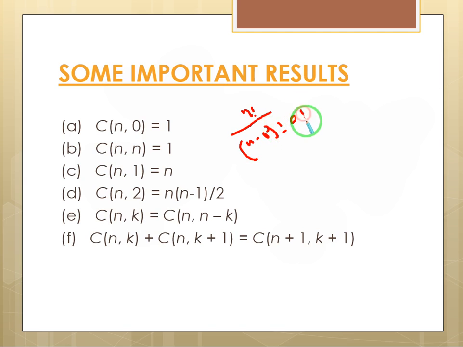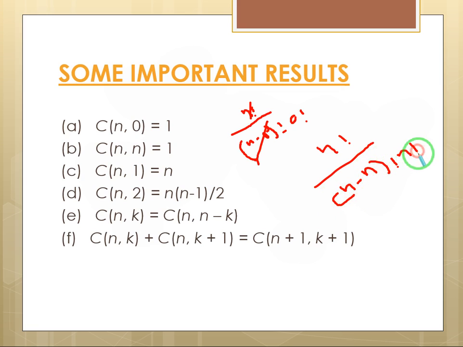You know 0 factorial is equal to 1, and n minus 0 is n factorial, so this n factorial cancels and it will be equal to 1. Again this one: n factorial divided by (n minus n) whole factorial into n factorial. So this is 0 factorial, which is equal to 1, and n factorial cancels again to give 1. This is basically the method for how we can solve it.